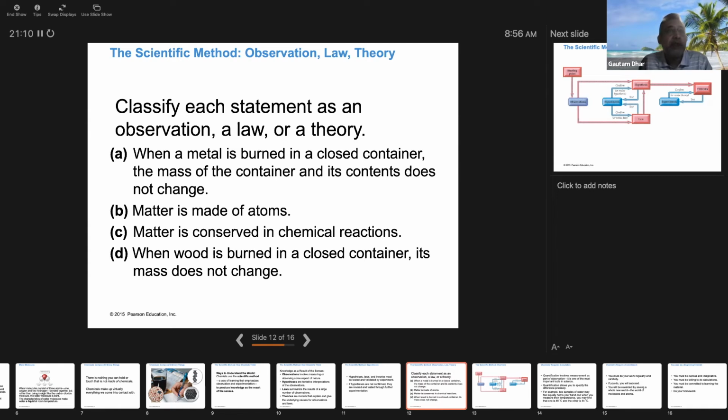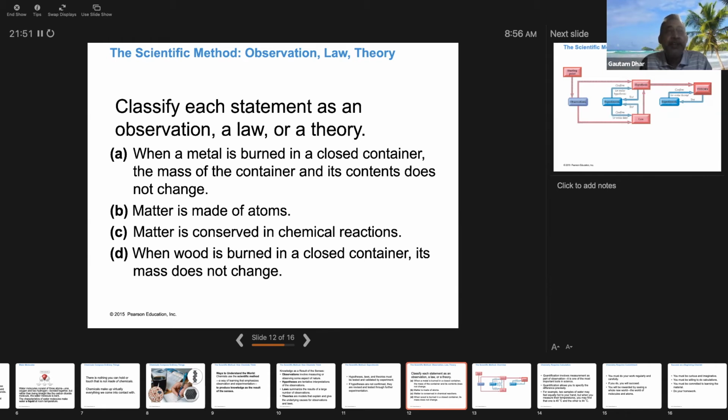Now let's look at B. Matter is made up of atoms. Is it a theory, a law, or observation? Law is a summary of many different observations. Is that a summary of many different observations? Who observed atoms? Have you? No, we never observe atoms.